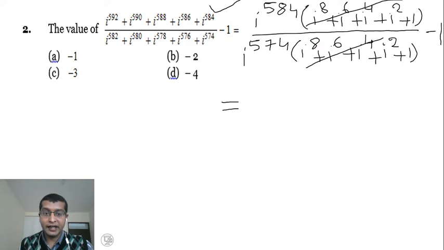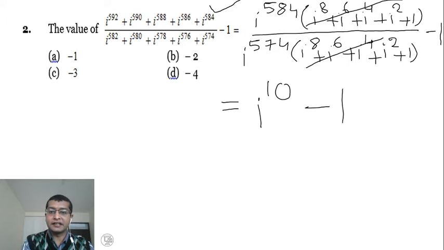Use the laws of indices, a raised to m divided by a raised to n is a raised to m minus n. So we get i raised to 584 minus 574, we are going to get 10, and this minus 1 we write as it is.